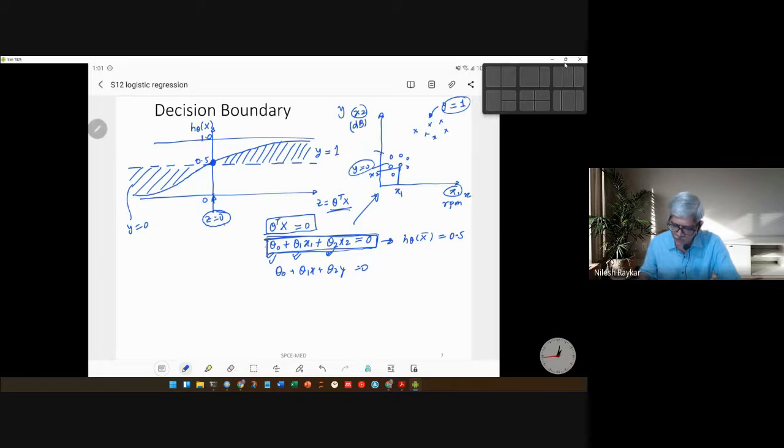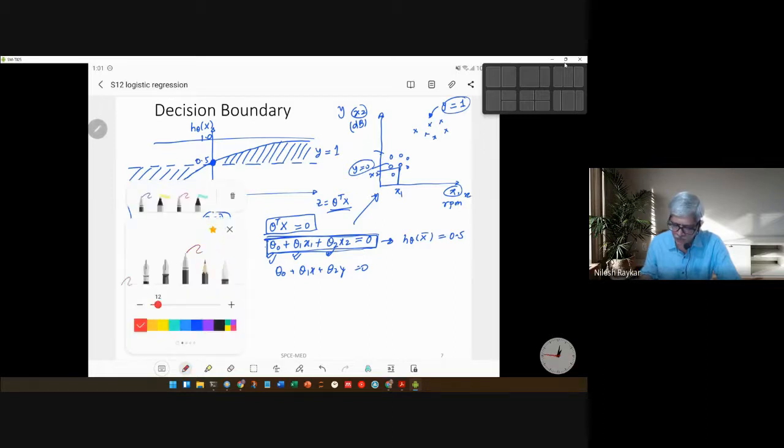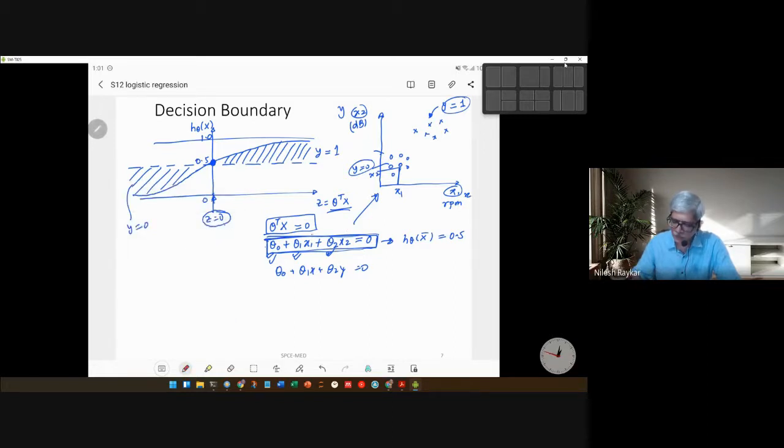So in this case, this condition being satisfied represents a line, and that line has the property that the probability given by the hypothesis function has a value equal to 0.5. Any point lying on this line has a probability of being type 1 of 50%, or 0.5.